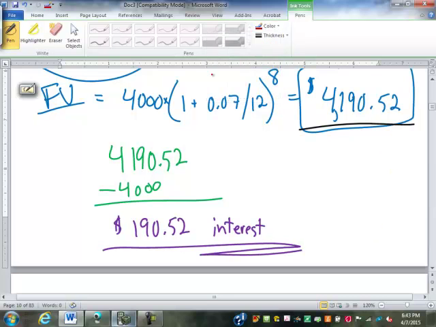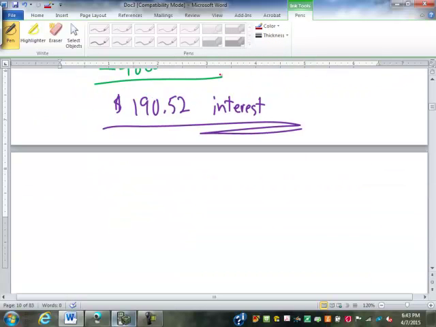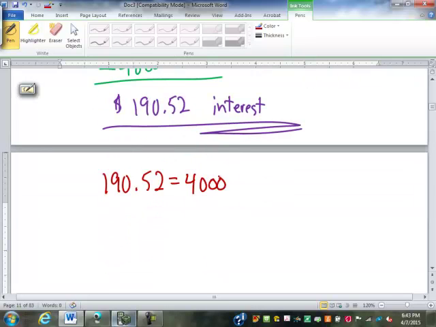Step 3 is also slightly different then. Using our simple interest formula to find the rate, well, their interest is $190.52. The principal is still $4,000. And we're still looking for the rate, but our time is no longer 1, it is 8/12 because it was 8 months.